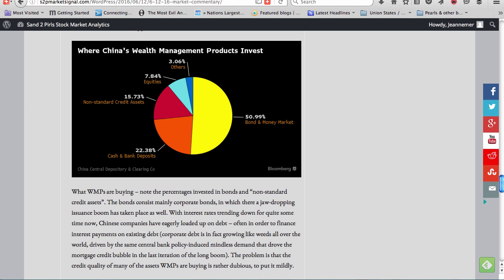Corporate debt is in fact growing like weeds all over the world, driven by the same central bank policy-induced mindless demand that drove the mortgage credit bubble in the last iteration of the long boom. The problem is that the credit quality of many of the assets WMPs are buying is rather dubious, to put it mildly.